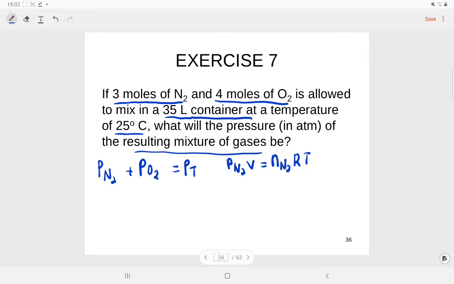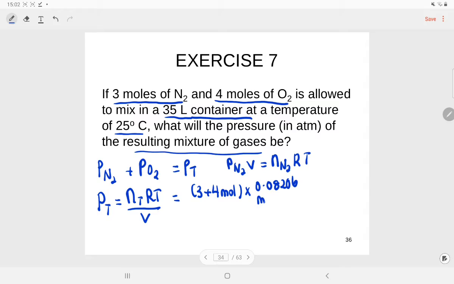But if I want to make my life simpler, I can just calculate the total pressure, PT equals total number of moles times RT over V of the vessel. So NT is 3 plus 4 moles times 0.08206 L atm per mole Kelvin.